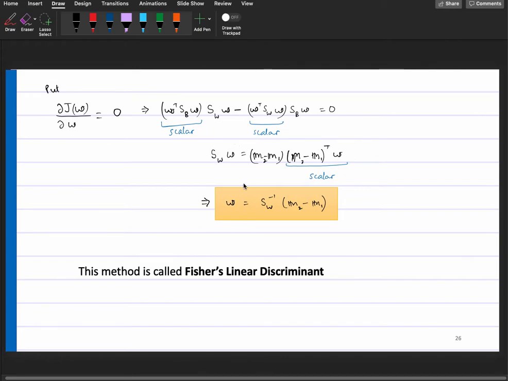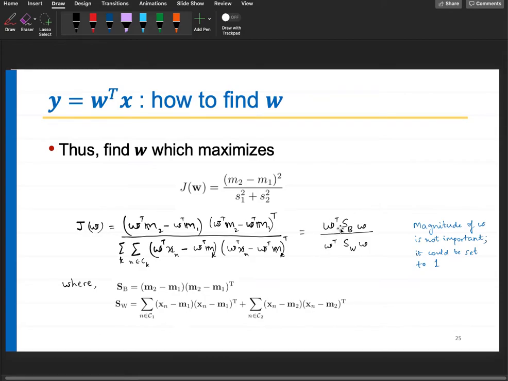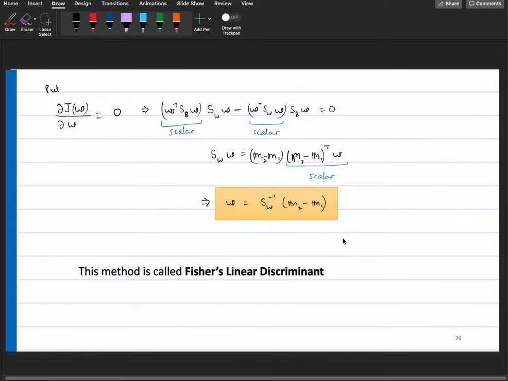Basically what you get in general is the derivative of A upon B is something divided by B square, and then B times derivative of A minus A times derivative of B, right? But since you are equating it to 0, the denominator is not important, because it is not playing a role in the optimization problem.